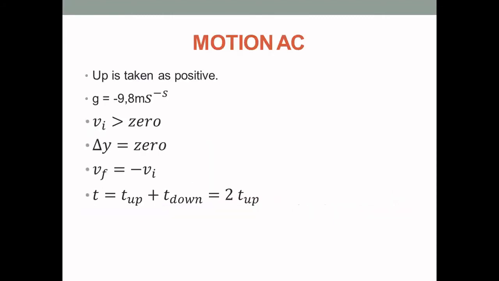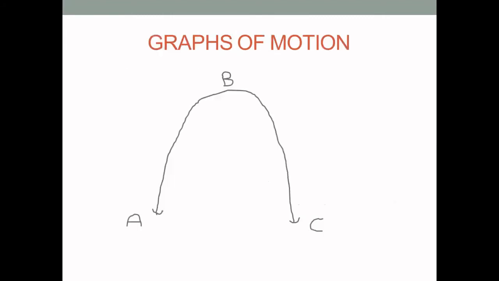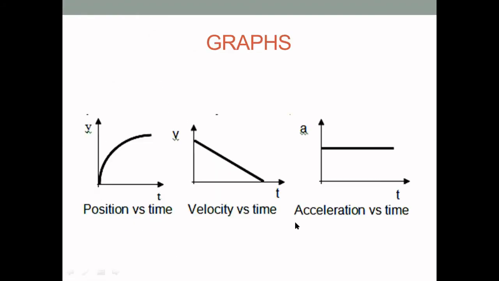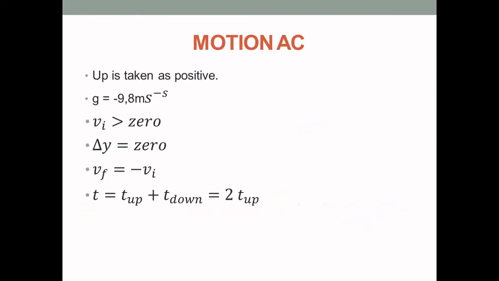Motion AC now, which is the entire motion from A to C. Up is taken as positive, which means g is negative 9.8 meters per second squared. V initial is 0 and the displacement is 0. V final is the same as V initial, but in the opposite direction, which means it is negative.